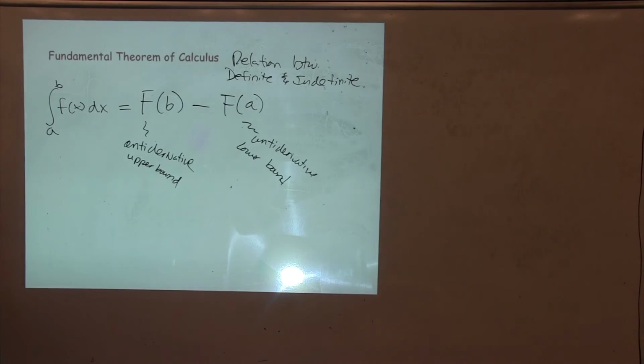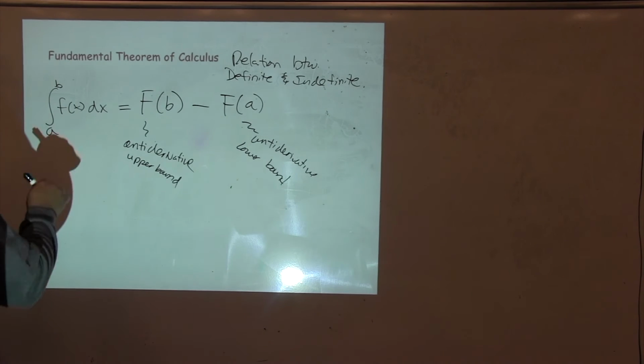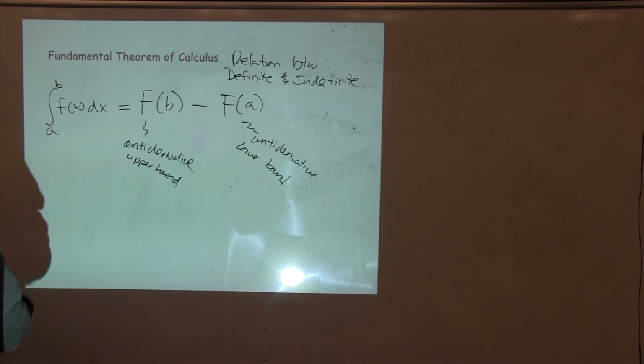So essentially what it's saying is, to compute the definite integral between two points, A and B, we take the antiderivative at the upper bound and we subtract from that the antiderivative at the lower bound.